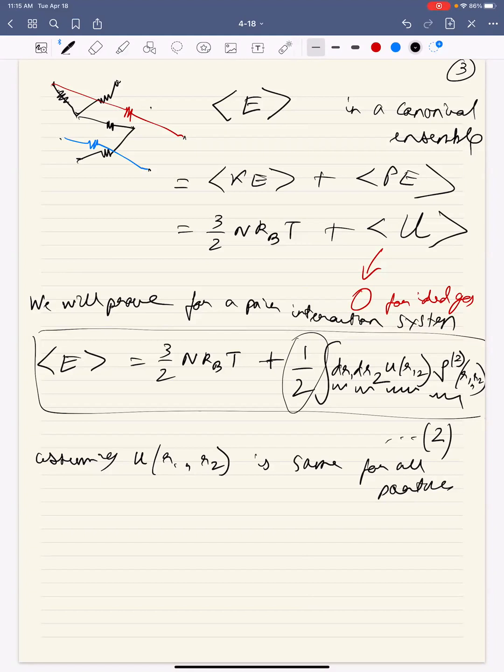I'm going to go to the next page and try to not write like an elephant. So the proof, what do we need? We need to calculate the average value of capital U of R^N, right? And what is capital U? Use equation 1.